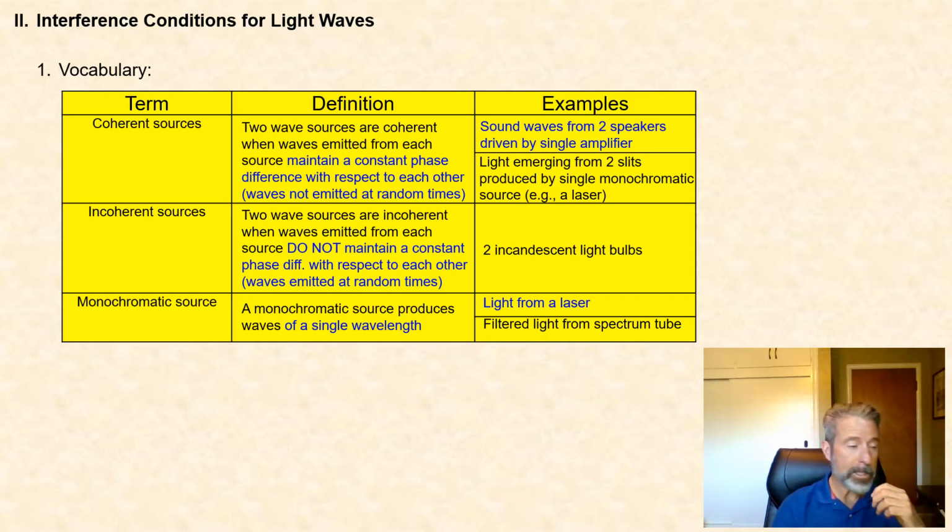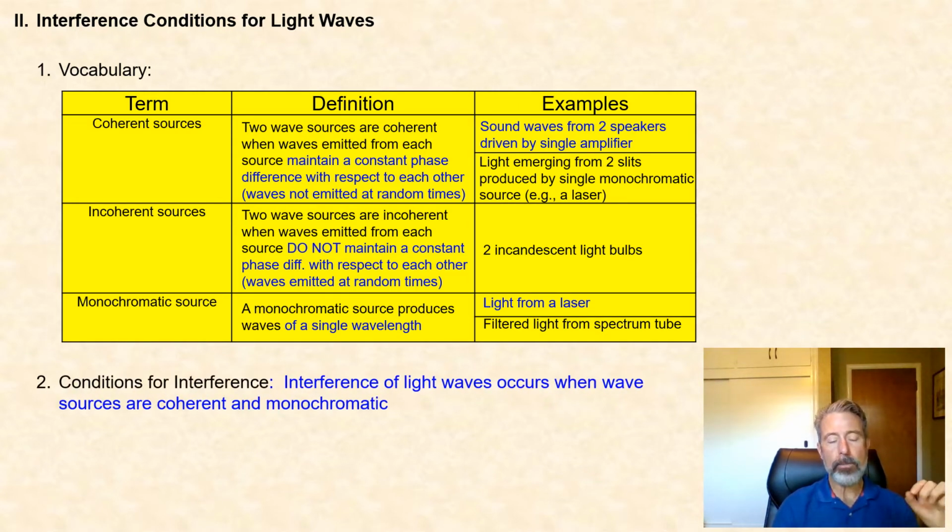So if we look at light that's emitted from a spectrum tube that gets excited by an electric current, for example, like what you would find in a neon sign, and then filter it so that only a single wavelength of light is coming through, that would also represent an example of a monochromatic source.